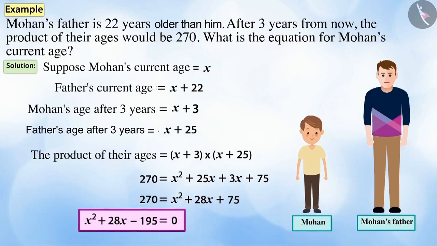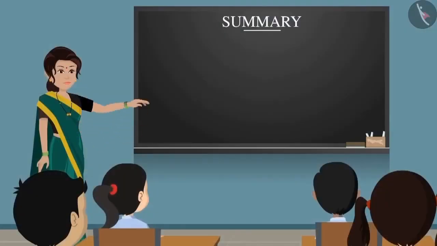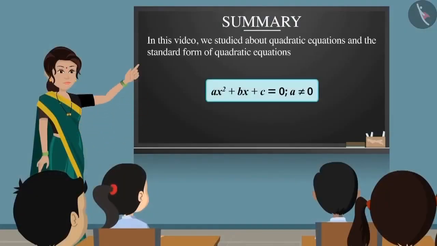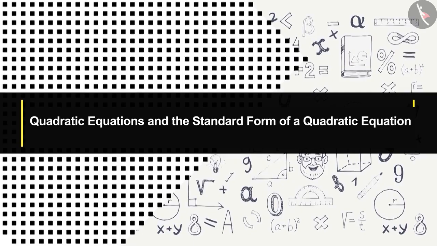Therefore, Mohan's present age satisfies the equation x to the power of 2 plus 28x minus 195 equals 0. In this video, we studied about quadratic equations and the standard form of quadratic equations.